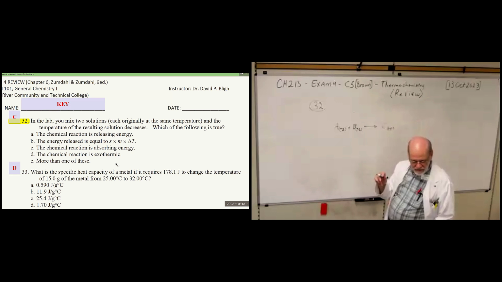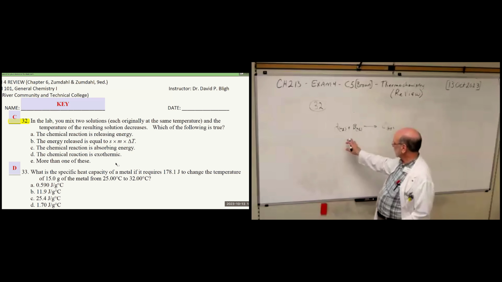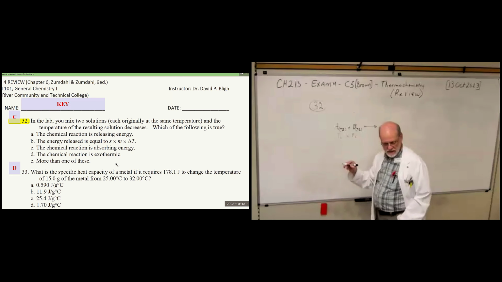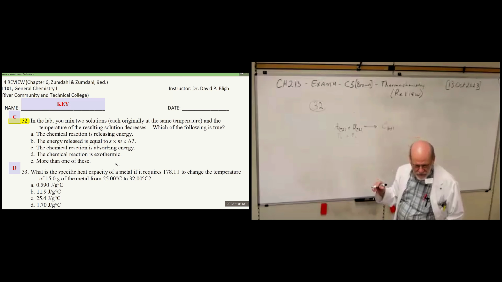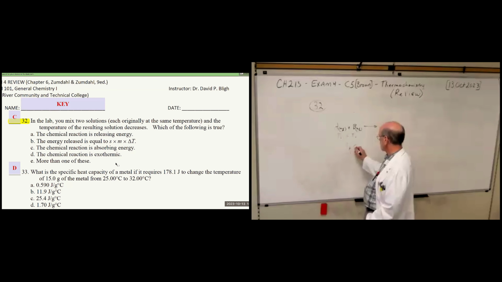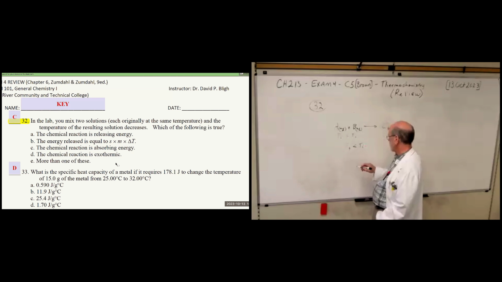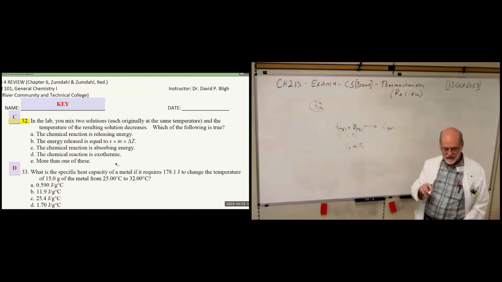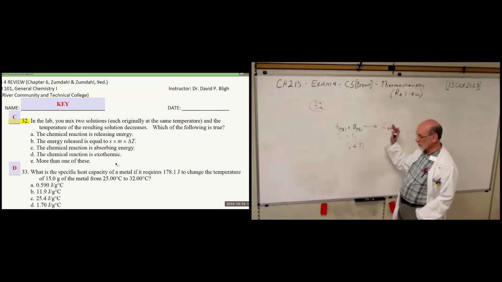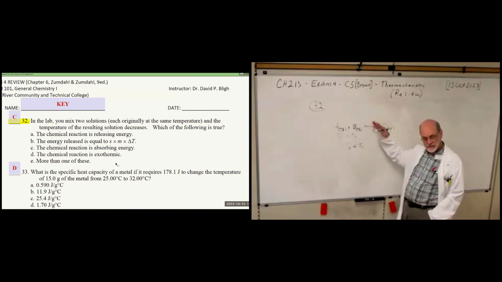They're both the same temperature, so the initial temperature here is equal to the initial temperature here. And the resulting temperature is decreased. So the final temperature is less than the initial temperature, which means what? The reaction is endothermic. This reaction absorbs energy because the temperature decreases.